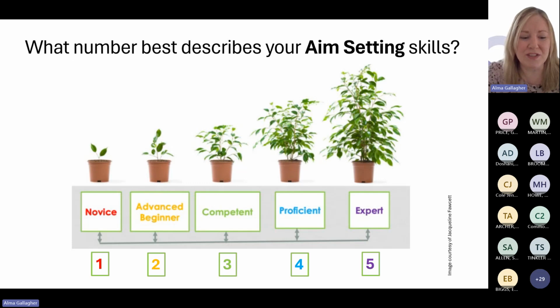I think we often move between these stages, but I'd be keen to get an idea of where people feel they are in their journey. So if you pop in whether you're a 1 today or a 5, that's great. Thank you.